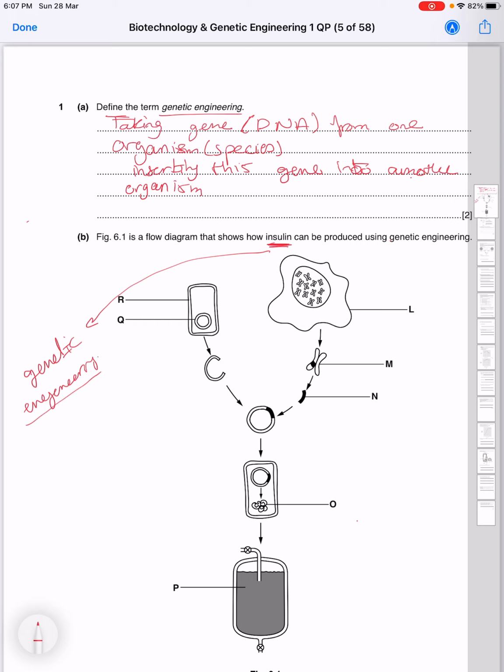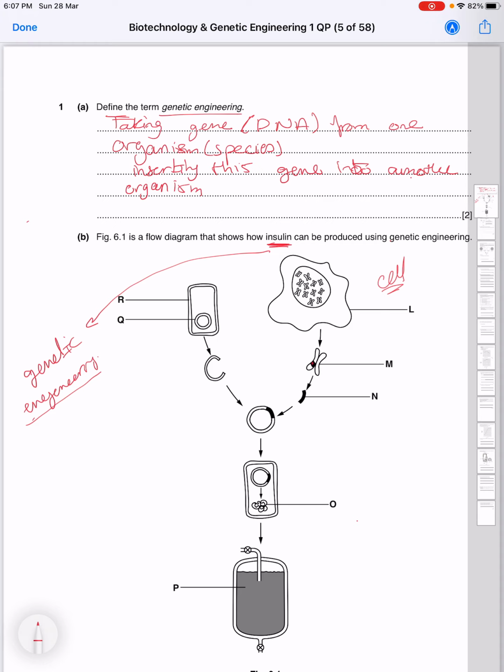How is this possible? Basically, we need to remove the gene that is responsible for insulin production, which I will explain here on the diagram first. This is the cell of the species or the organism that I want to remove a gene from.